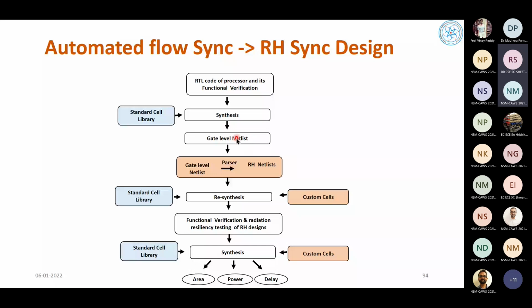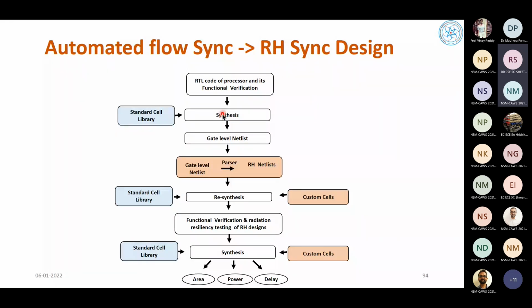And then this is given to a parser, which converts this whole synchronous design into a radiation hardened synchronous design. When we do this, there is an issue that we may lose timing, because we have earlier synthesized it at a certain frequency.